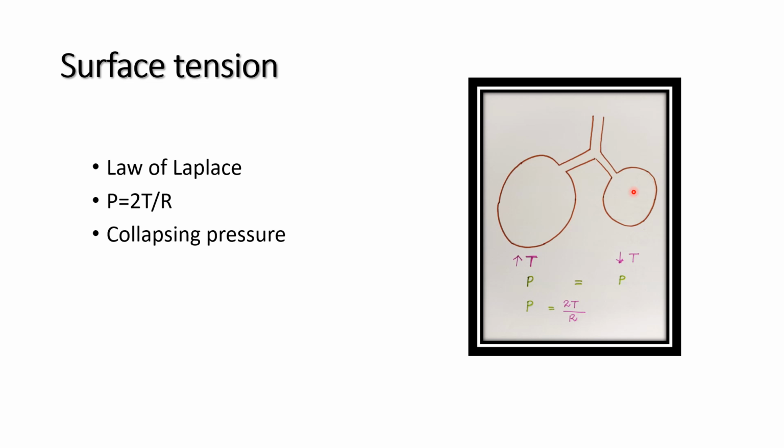But in the smaller alveoli, the tension is decreased by surfactant produced by the type 2 alveolar epithelial cells. In the larger alveoli, the tension is more, so the collapsing pressure is equal on both sides. The presence of surfactant within the alveoli maintains alveolar stability. Increased surface tension produces alveolar collapse in the small alveoli.